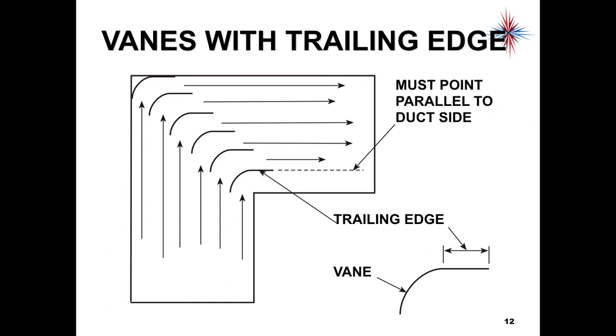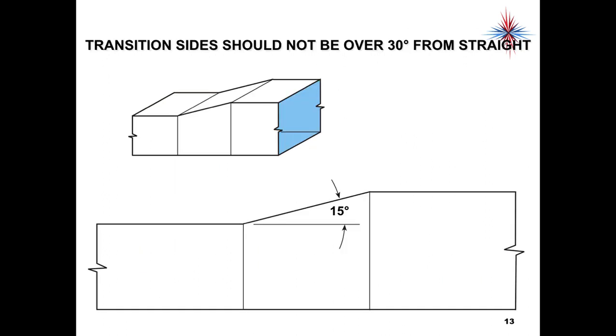The trailing edge must point parallel to the duct side. You can ruin the whole idea of a turning vane by having it not pointing parallel. And it should never be more than 30 degrees off the side of the transition. Transition sides should not be over 30 degrees from the straight.